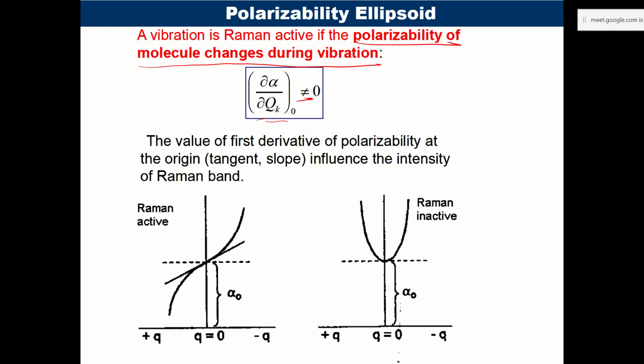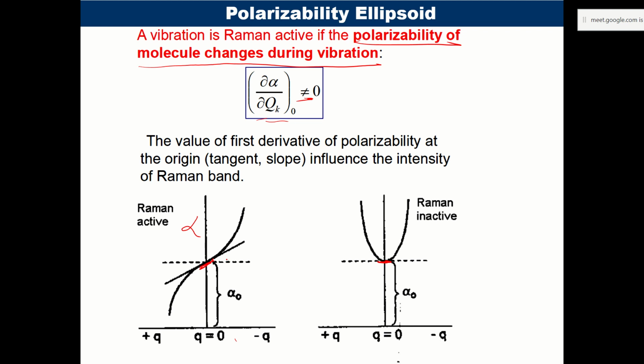So two examples graphically, if I follow alpha versus q, where q is the vibration coordinate. So the slope at the equilibrium point, the mean position, q equal to 0. Look at the slope at the mean position here. So you draw a slope and find the value, and that gives you a clear idea whether it will be Raman active or not.